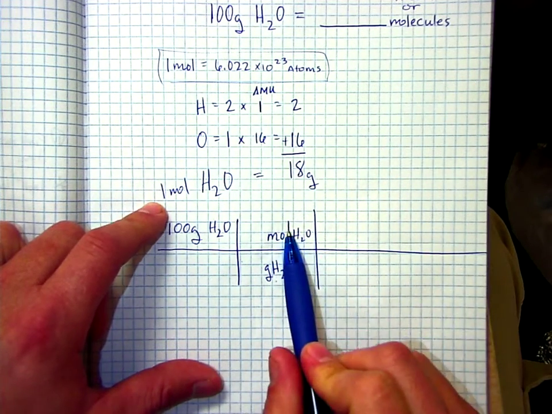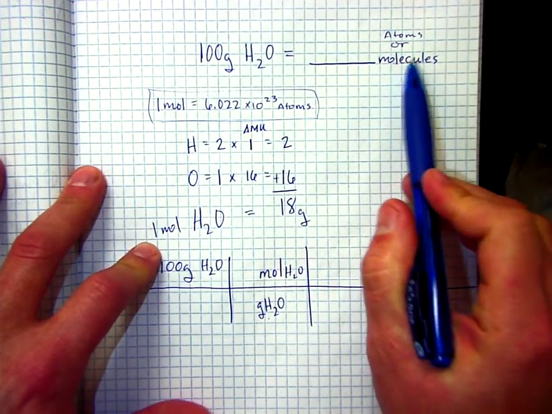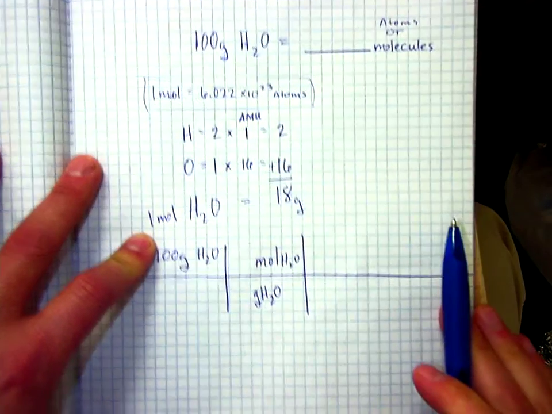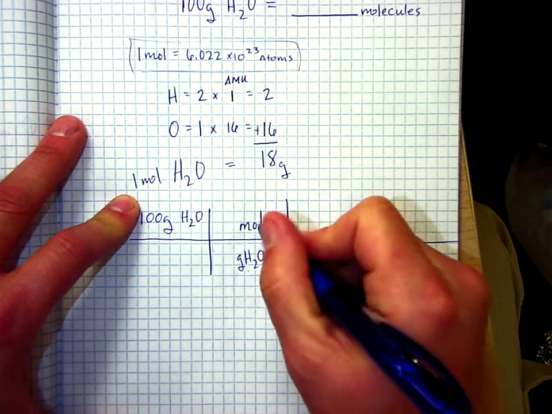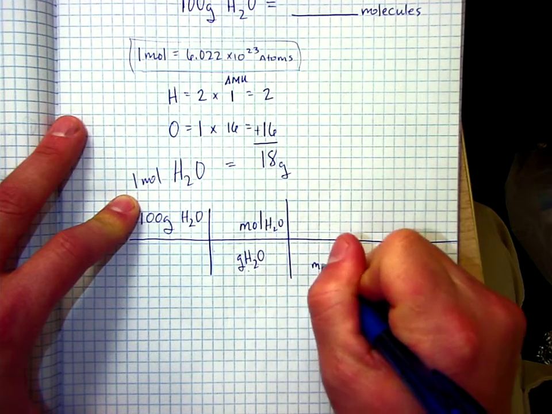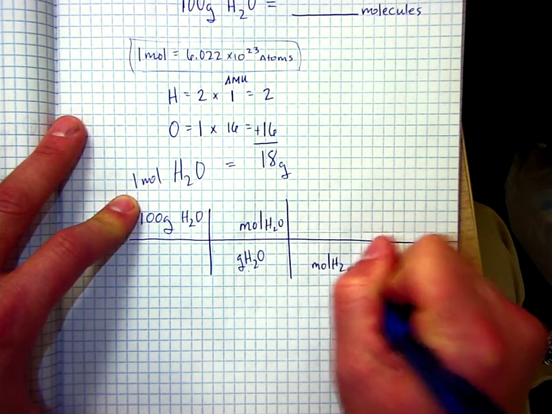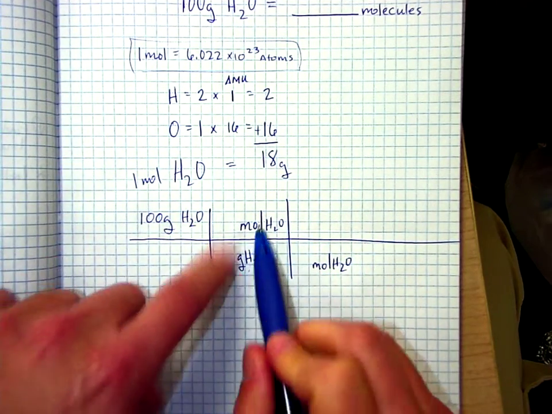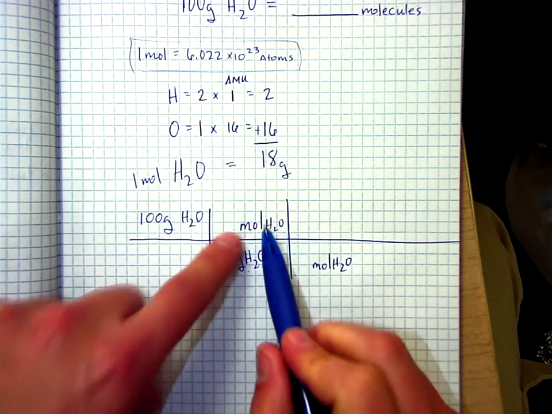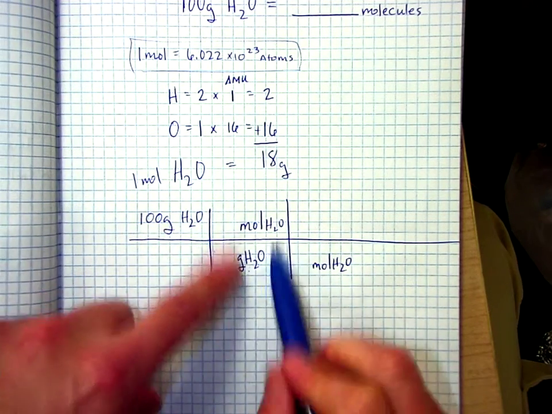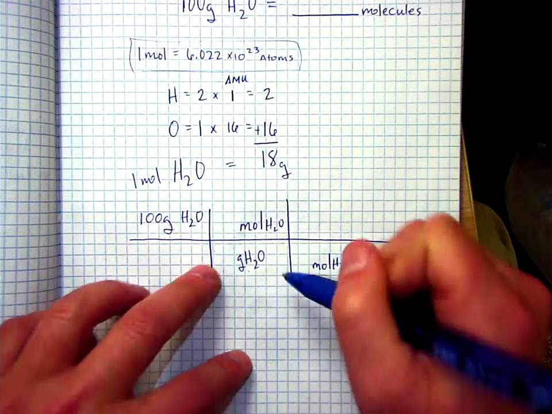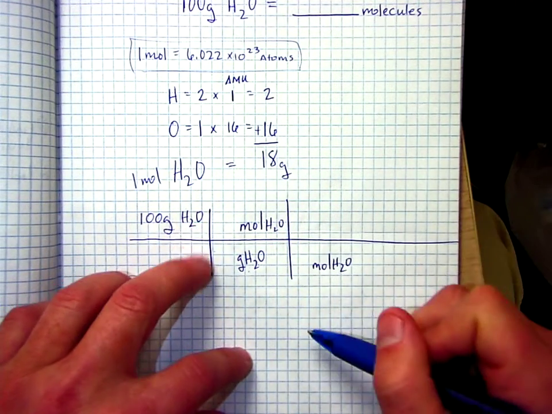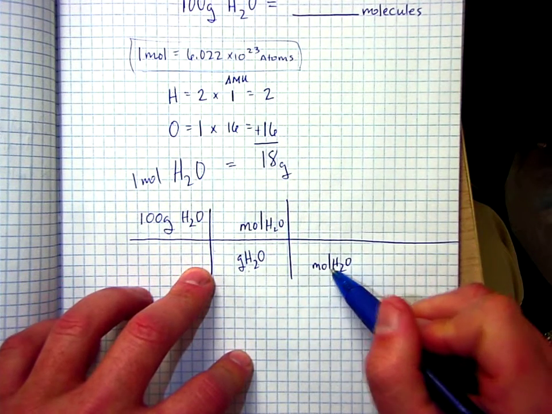Now, do I want my answer to be moles of H2O? Of course not. I want it to be atoms or molecules, so I change that. The way I change it is whatever was up here just comes down. On all these steps, unless you're in the unit that you want, just bring it down and that'll cancel it out. So there's no thinking involved. The only real thinking step is this one. Moles. I'm coming out of moles.